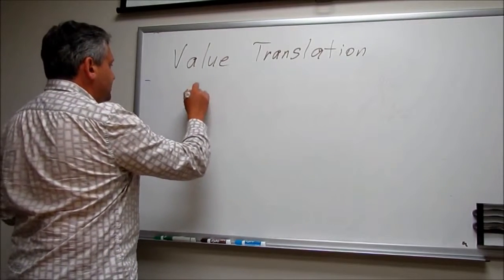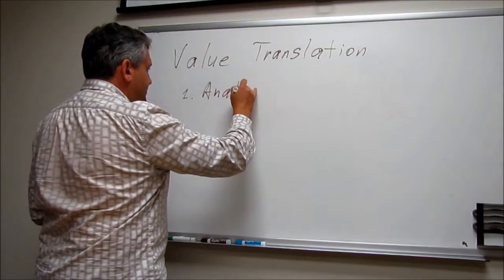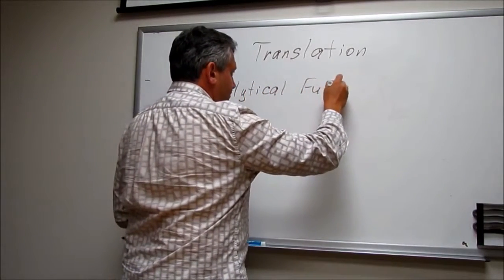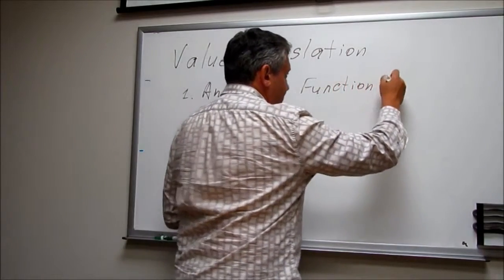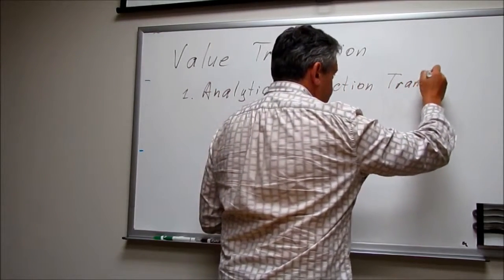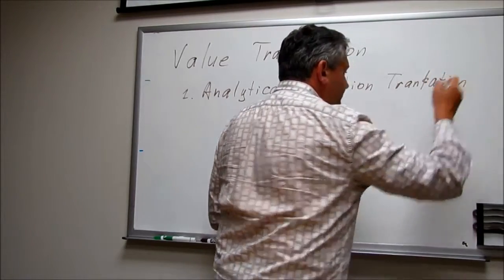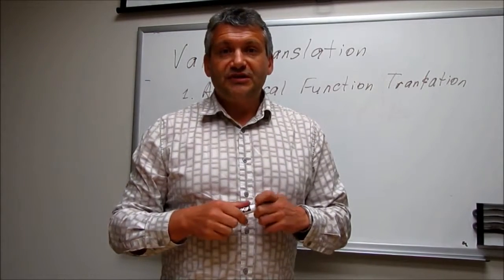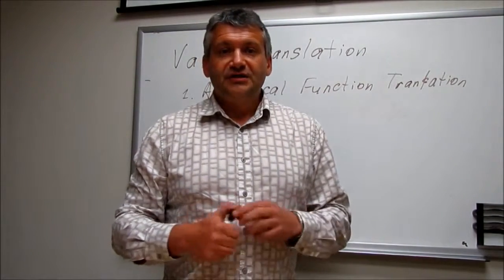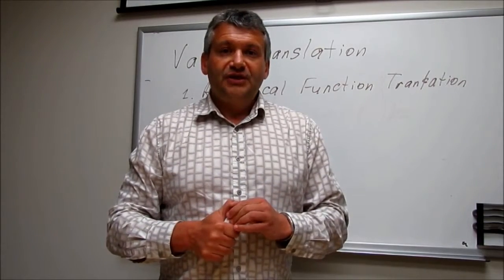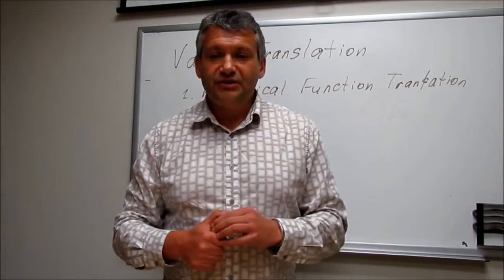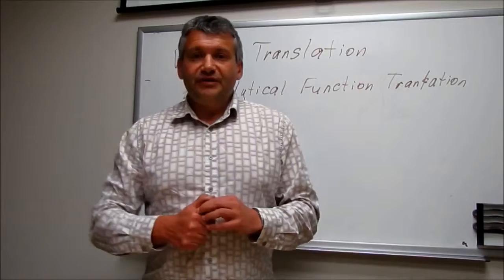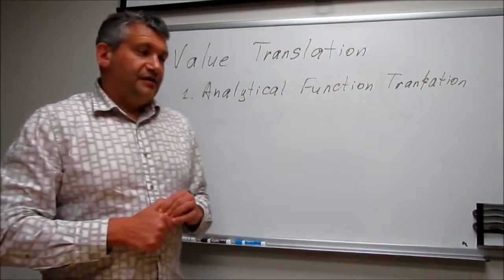Let's call it analytical function translation. Analytical function translation is the case where one value can be translated to another value by using some analytical function, meaning a function that's known by the language, and so it is easy to take this algorithm and translate it.